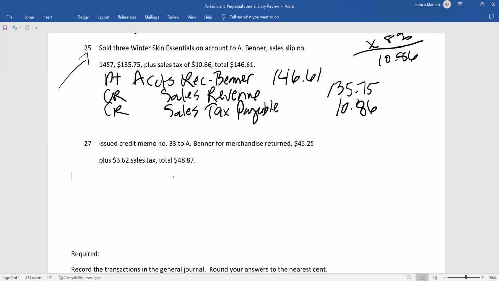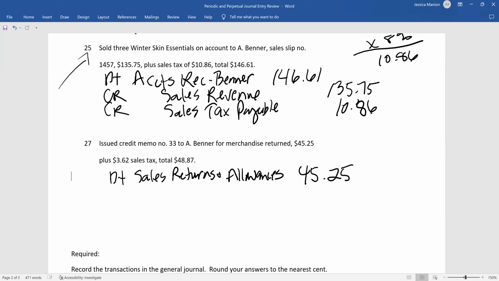We just sold this stuff to this person on the 25th. Now they're returning some of it. So we need to debit sales returns and allowances for the amount being returned, $45.25.